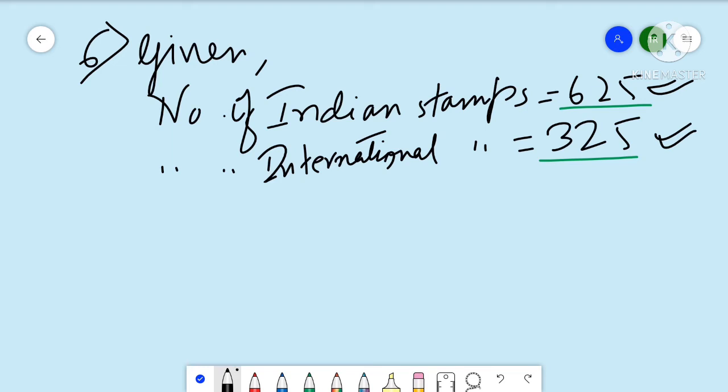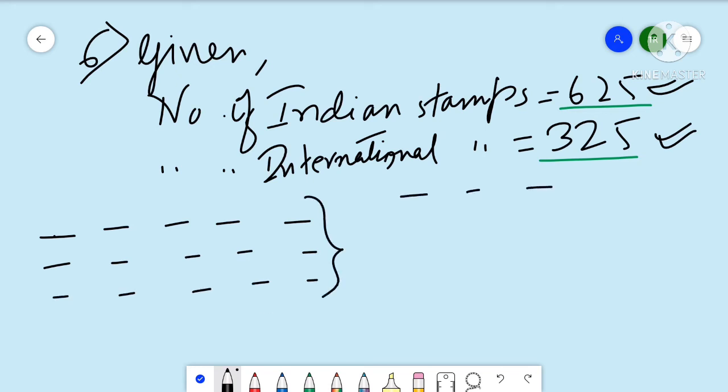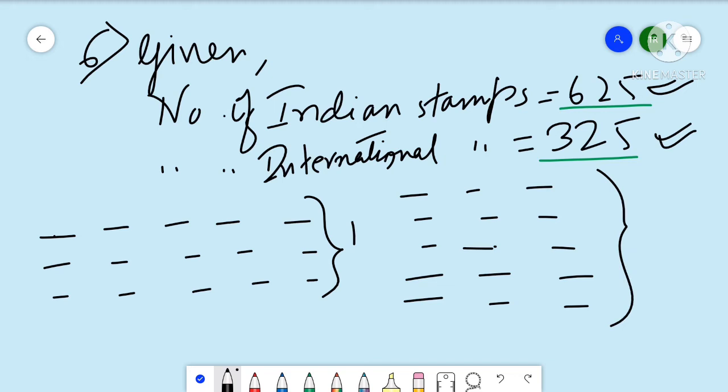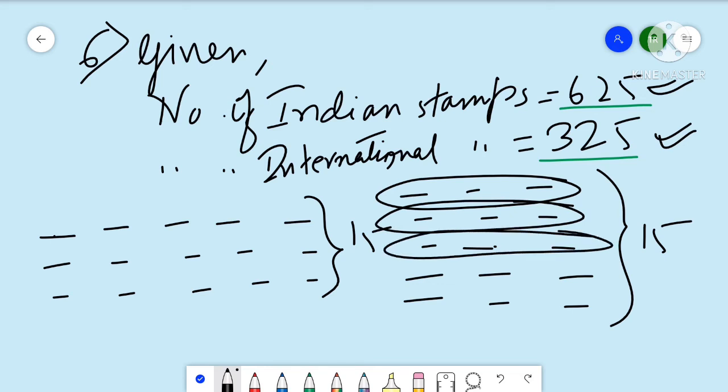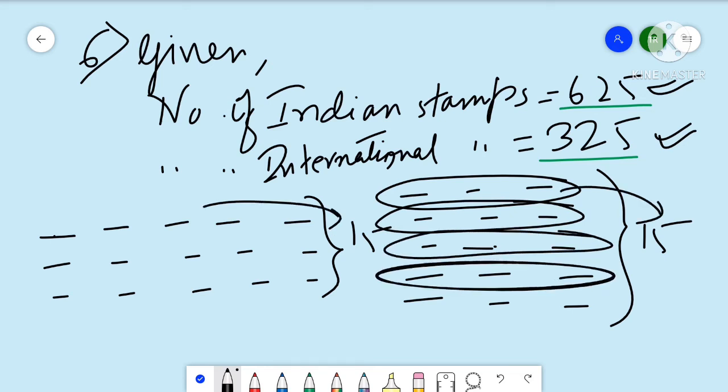In how many ways can you form groups of 15 elements? You can make groups of 5, so here we have three groups, or you can make groups of 3. Here also we have 15 elements, here also we have 15 elements. So what we are doing is dividing these values into their factors. So 3 is a factor of 15, 5 is also a factor of 15.